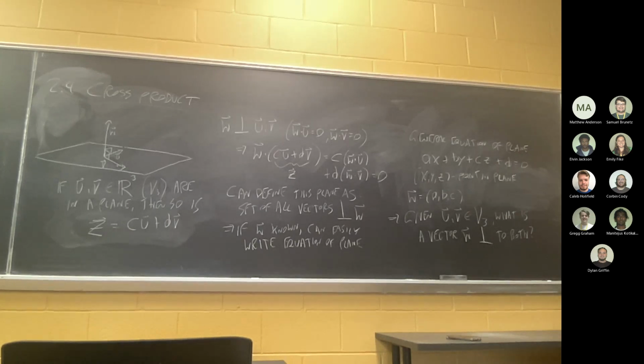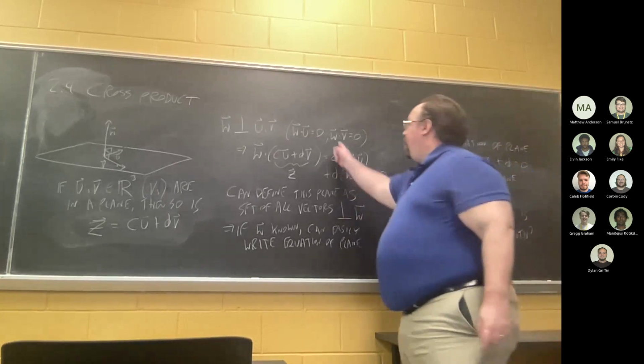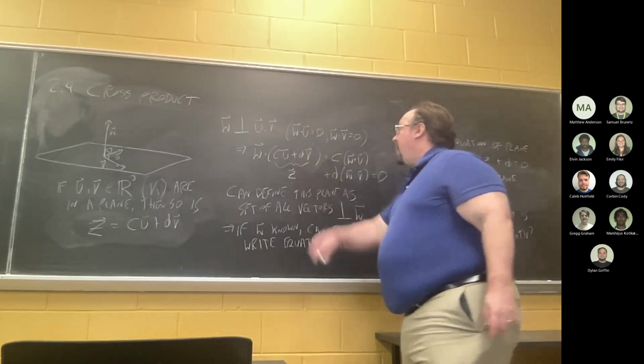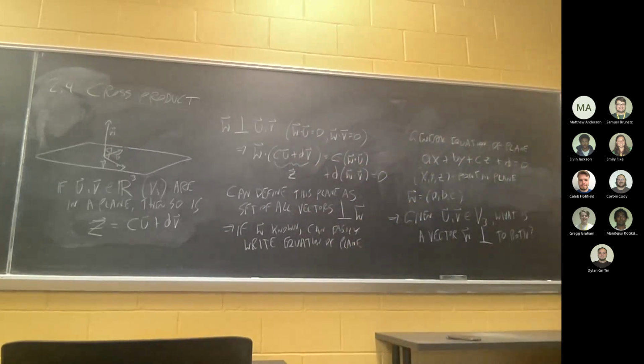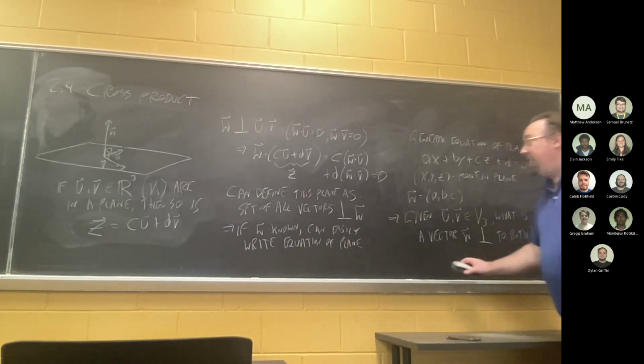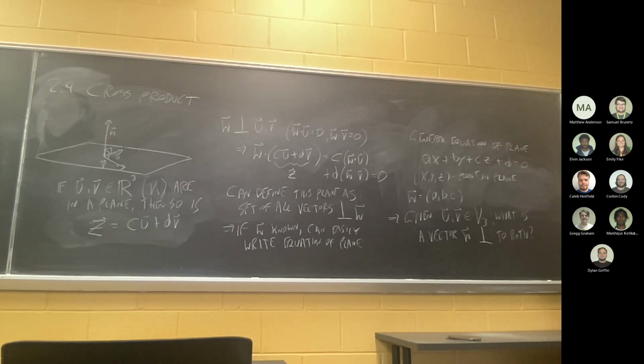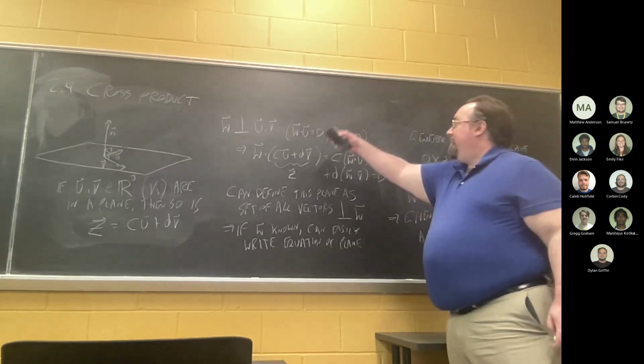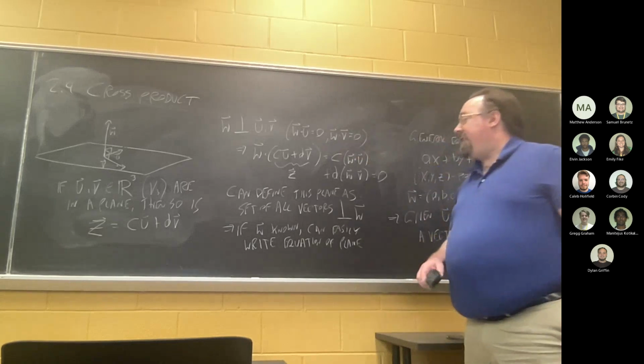Now, to find W, we can use these equations right here. That's the dot product of this unknown vector W with U is 0, and the dot product with V is 0. So what I can do is express U, V, W in terms of their components, and then write out what these two equations mean.